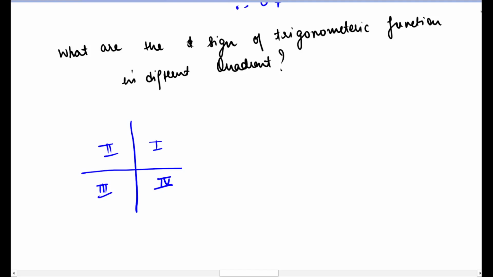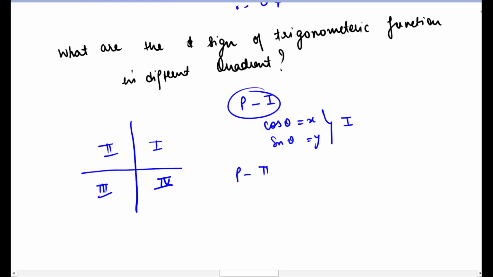If we take point P in the first quadrant, we get cos theta is equal to x and sine theta is equal to y. This is the first quadrant. And if we take P in the second quadrant, we get cos theta is equal to minus x and sine theta is equal to positive y.